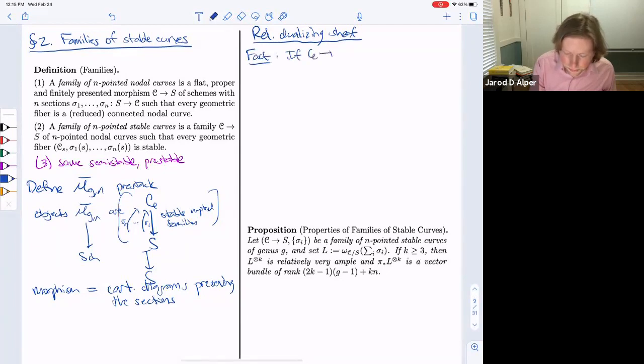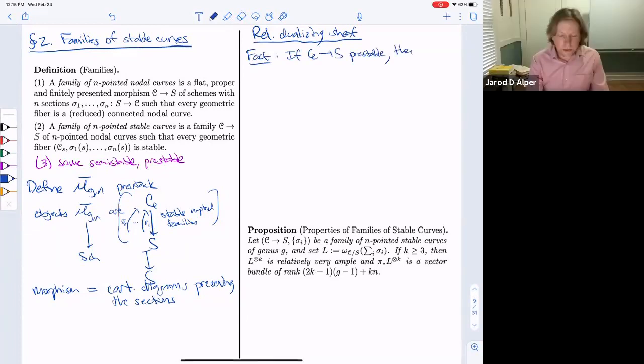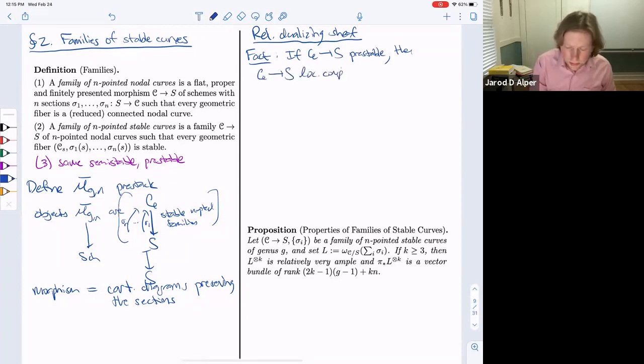If you have a pre-stable family, or even a family of nodal curves, then C to S is a local complete intersection. And this implies that there exists a relative dualizing sheaf.